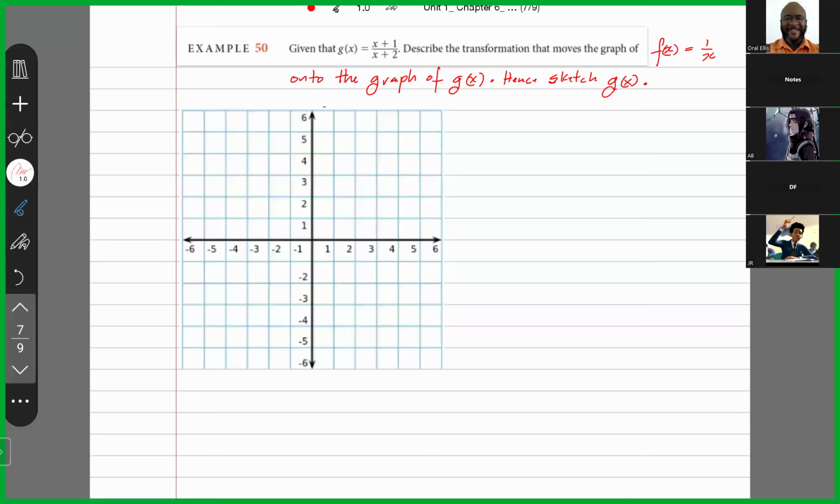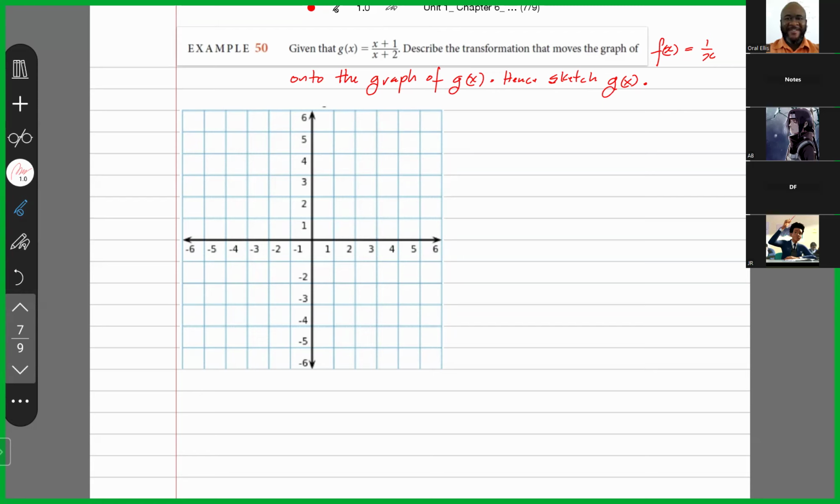All right, so next we're going to look at example 50, which says, given that g of x is equal to x plus 1 over x plus 2, describe the transformation that moves the graph of f of x equals 1 over x onto the graph of g of x, hence sketch g of x.